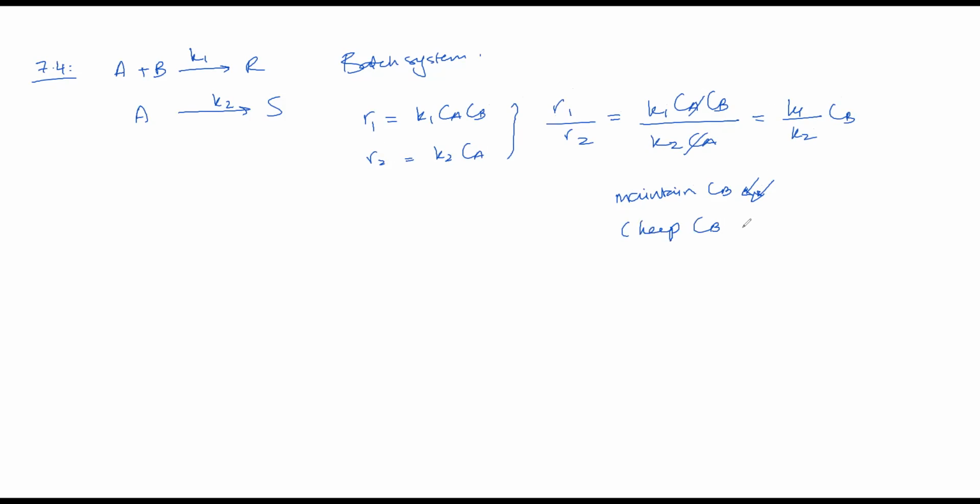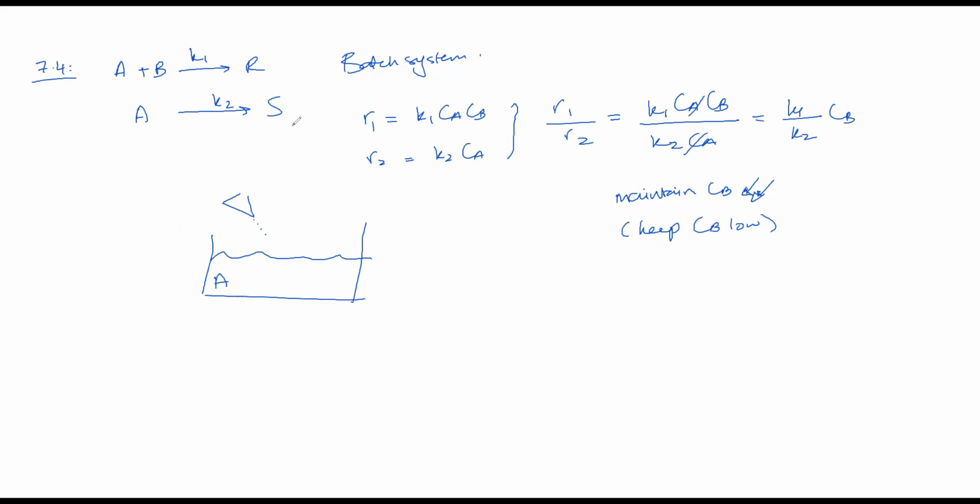Keep Cb low. And in a batch system, the way to achieve this, and again, this is in your slides, I'm going to start with only A in my batch reactor, and then I'm going to slowly introduce B, or this is actually B, Cb.